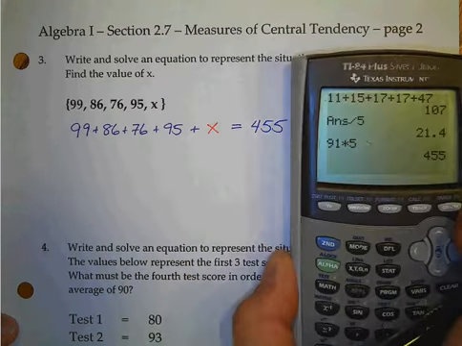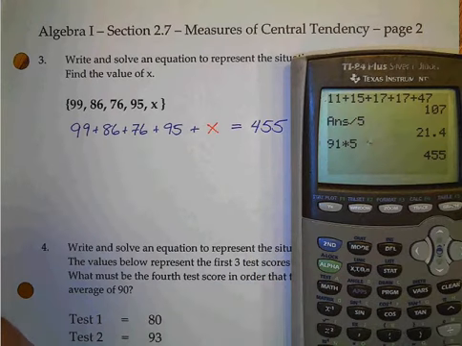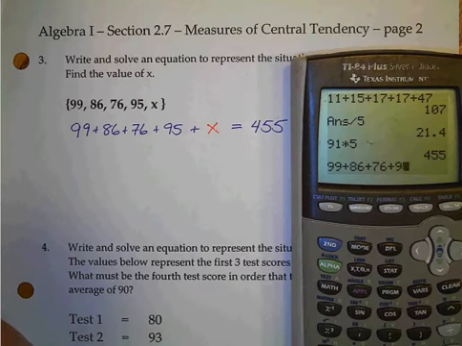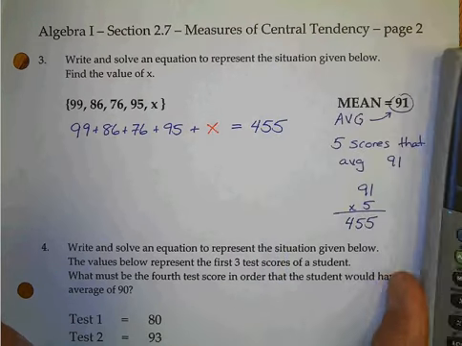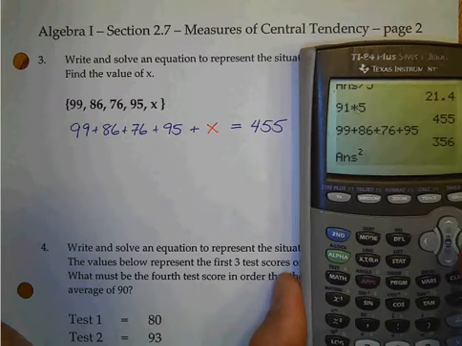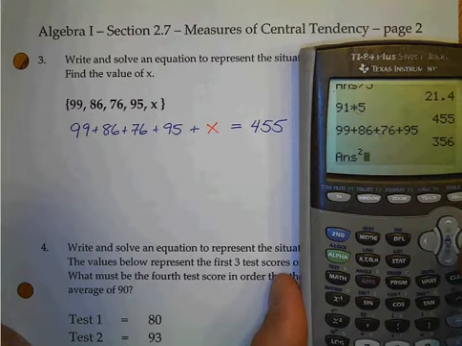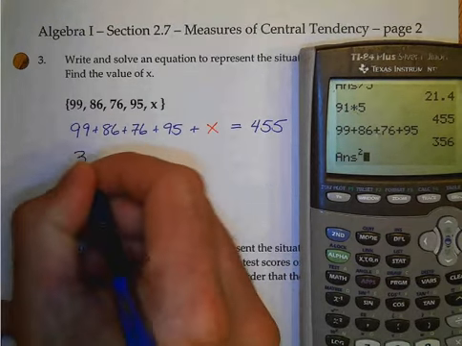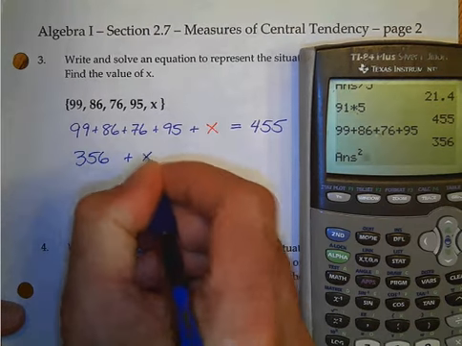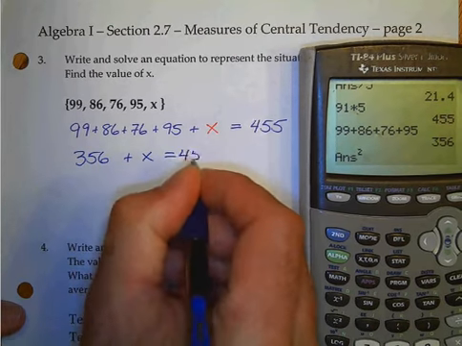So we're going to add up all these numbers on the left, 99 plus 86 plus 76 plus 95, and that's going to be our total so far, which you can see is 356. So I have 356 plus x equals 455.